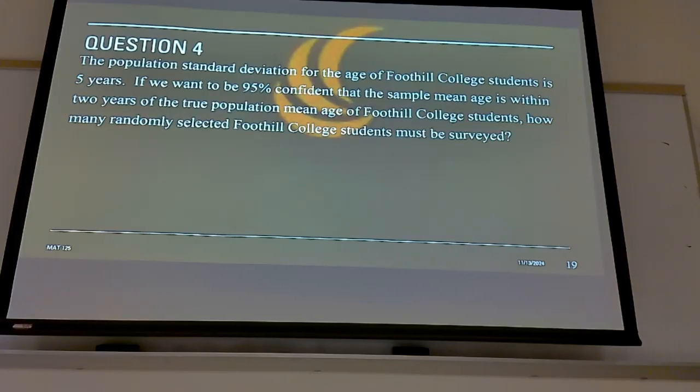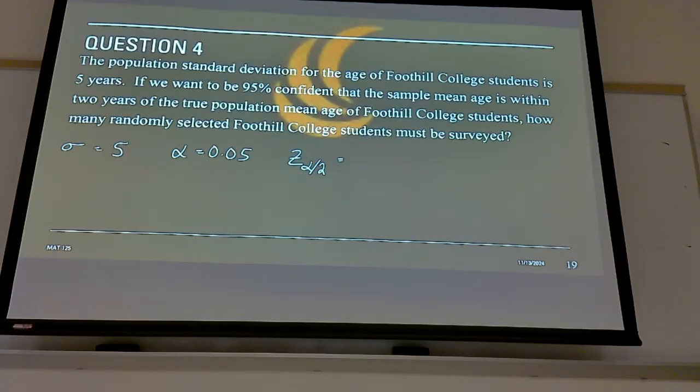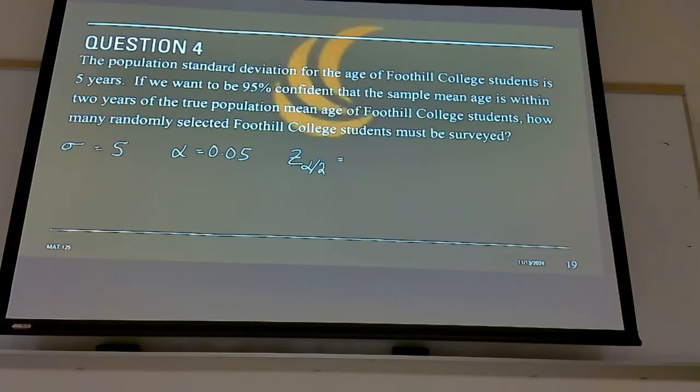So what are we given? We're given sigma is 5. We know what alpha is, 0.05. What is the critical value for 95% confidence? 1.96.